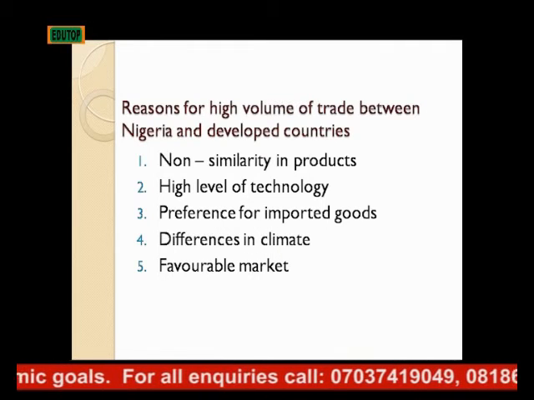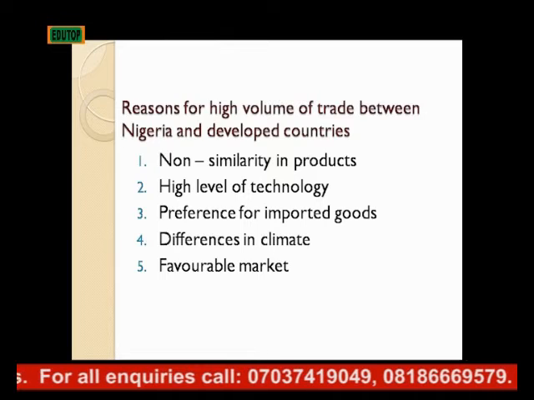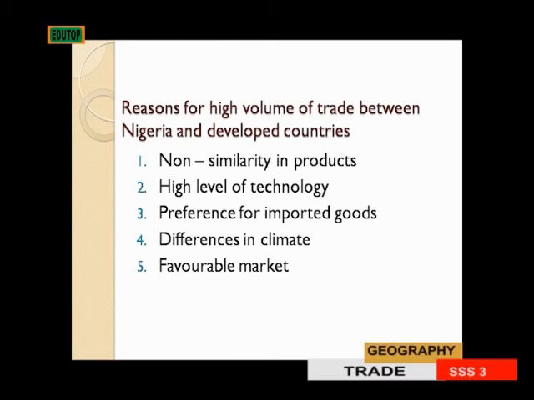Also, differences in climate have also resulted in the high volume of trade between Nigeria and developed countries. Nigeria also has a favorable market for the goods produced in developed countries, and as a result, we have a high volume of trade between Nigeria and the developed countries.